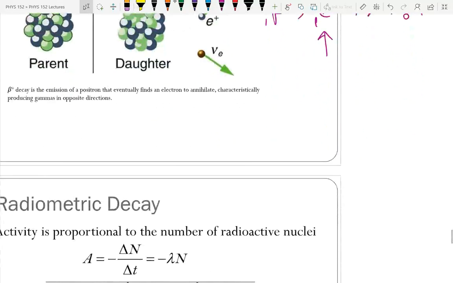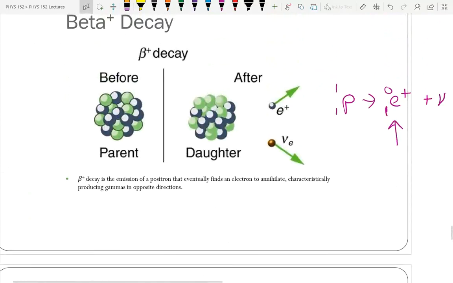Then the gamma decay. The gamma decay I don't have a picture of because the gamma decay works like this. You start with an element and you end with exactly the same element plus a gamma. How does that work? Well, that works like this. Here's my element at an elevated energy state.